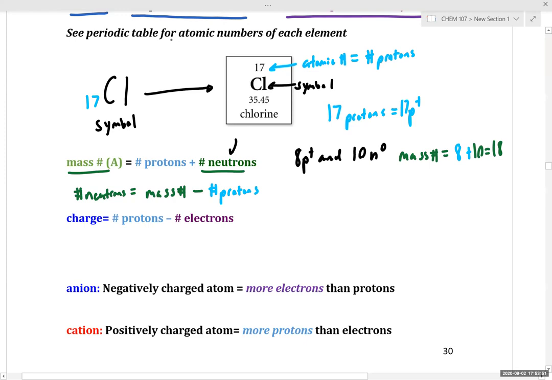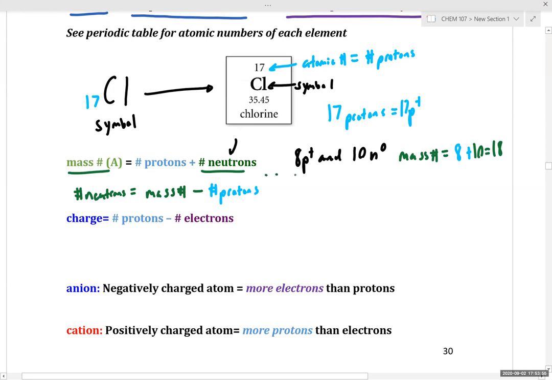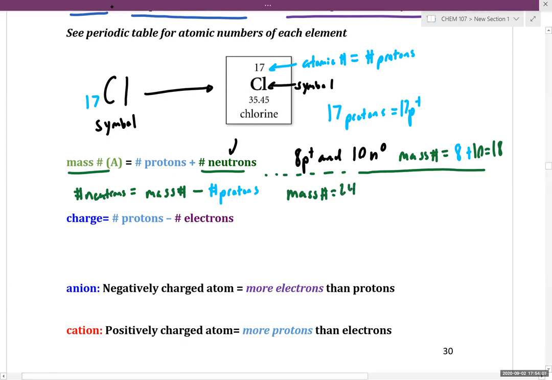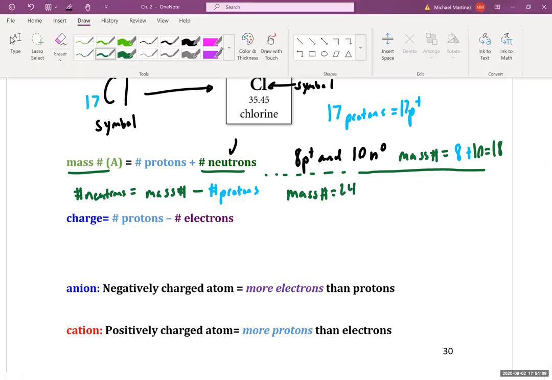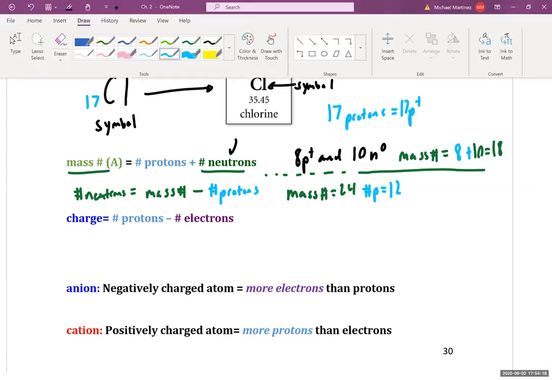Likewise, if we are given in the problem as a separate example that the mass number is equal to 24, and we're also given that our number of protons is equal to 12, can we figure out the number of neutrons? 12, yeah.